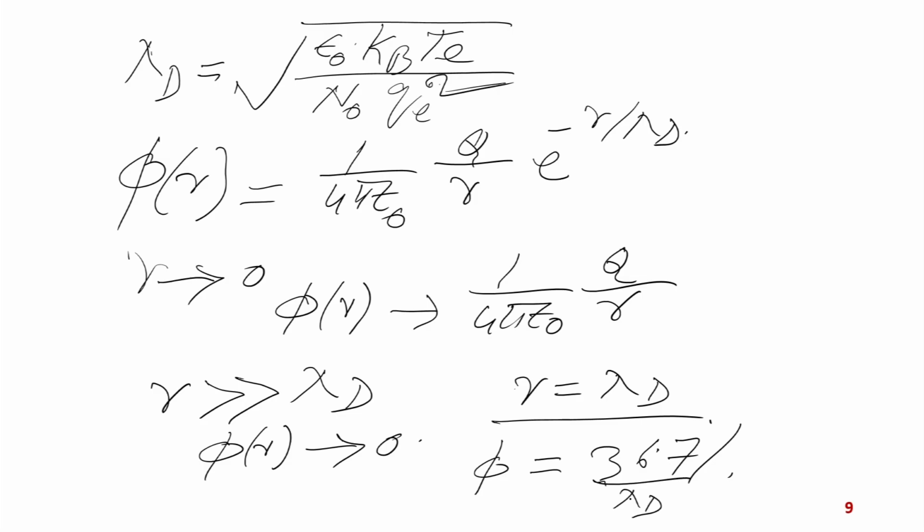So all this is about the shielding, how the plasma redistributes itself so that it can retain quasi-neutrality. With this I will complete it here, and then we will see the next topic, where we will summarize the different behaviors we have studied till now. So, thank you very much.